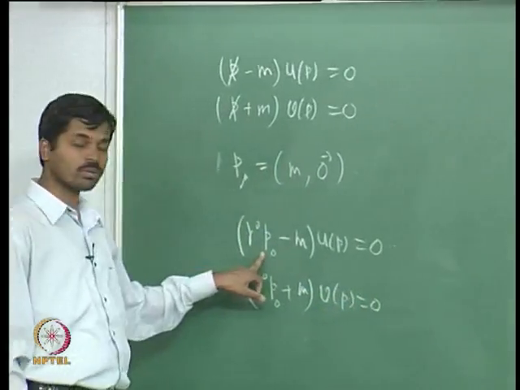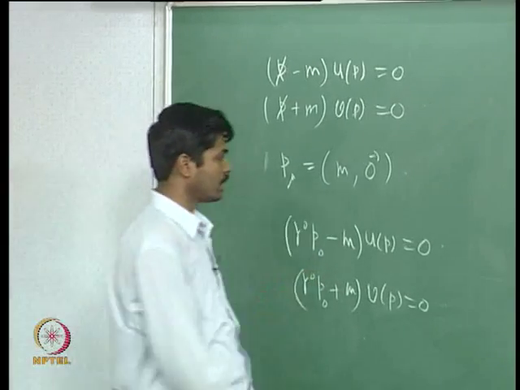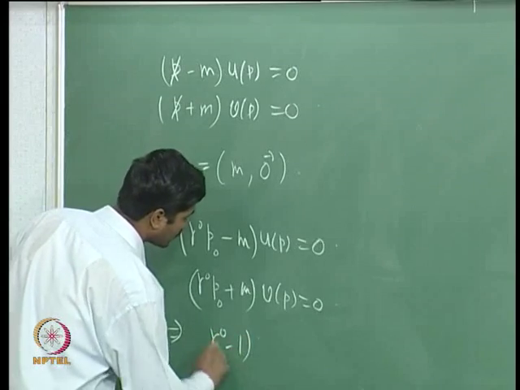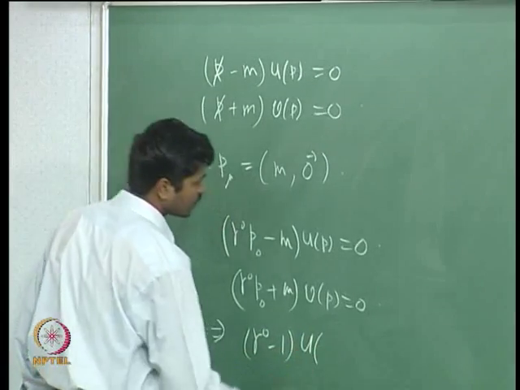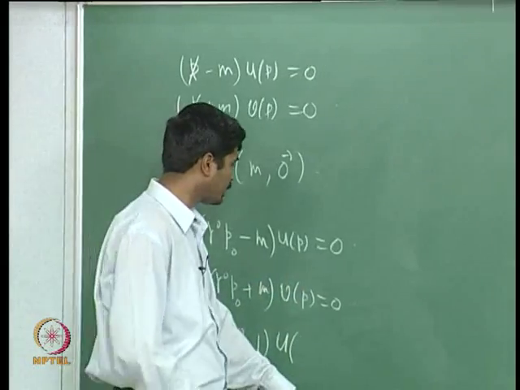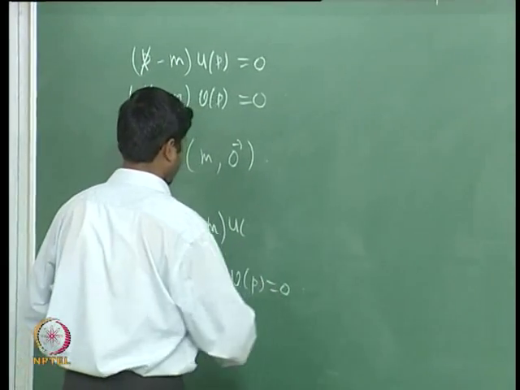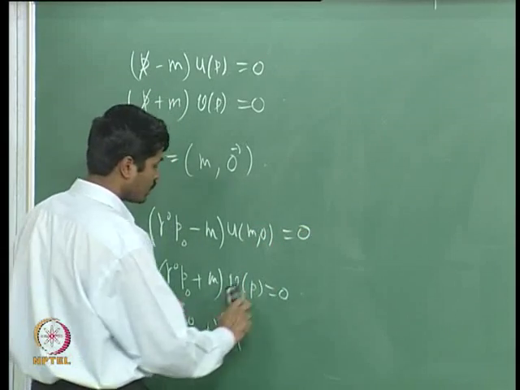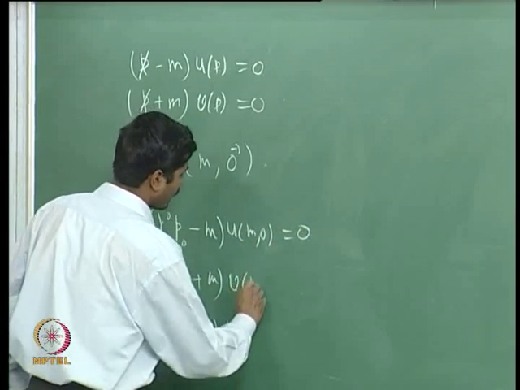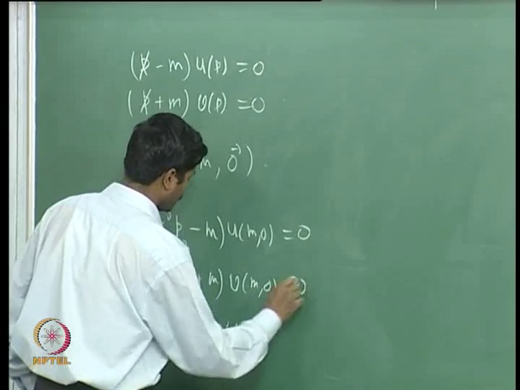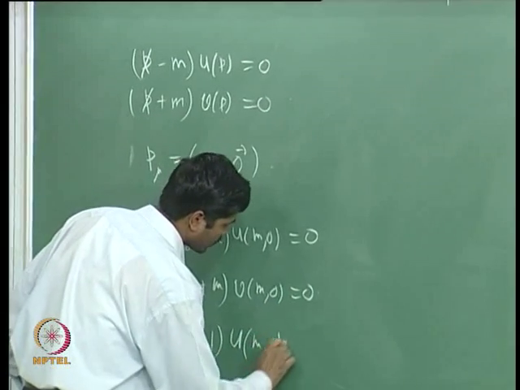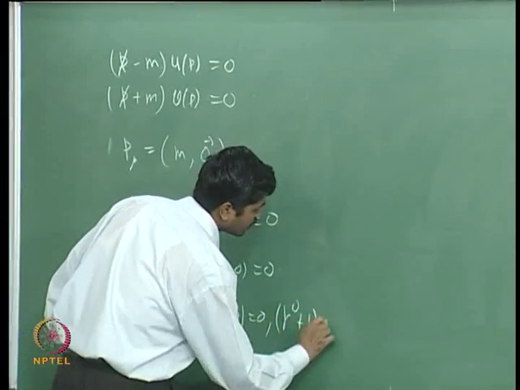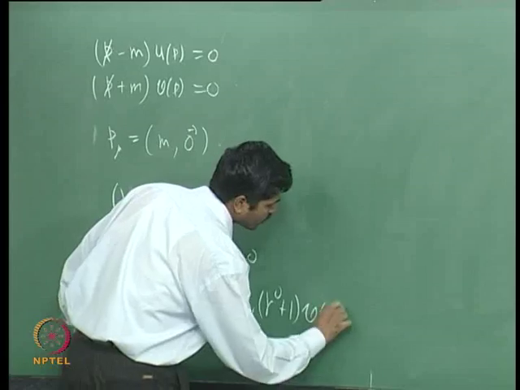But since p 0 equal to m, this implies (gamma 0 minus 1) u of (m, 0) equal to 0, and (gamma 0 plus 1) v of (m, 0) equal to 0.